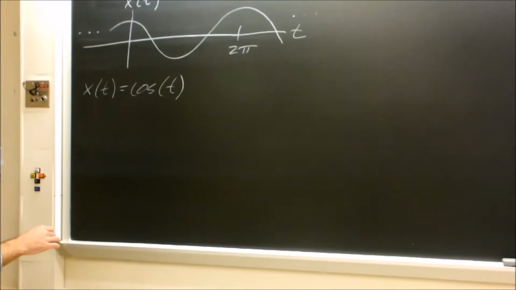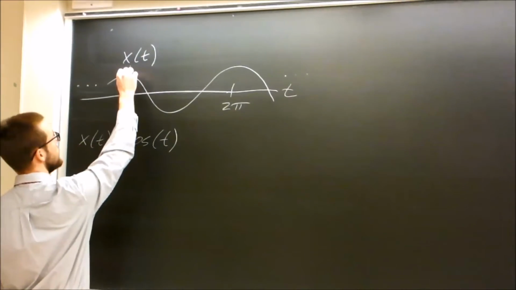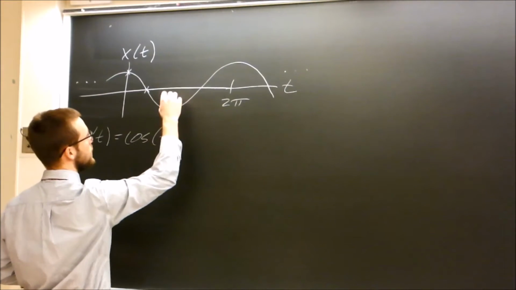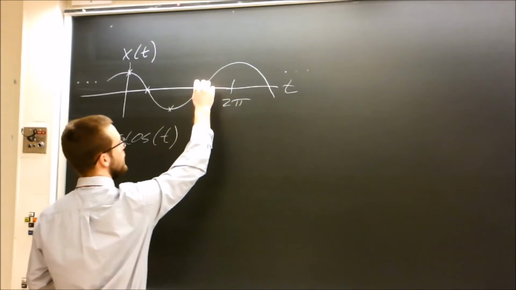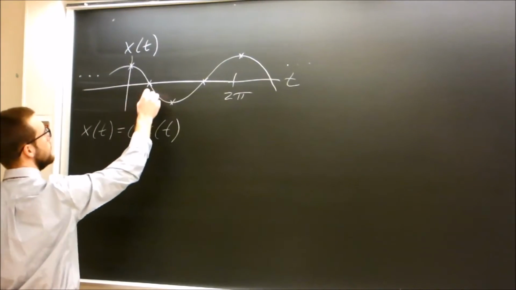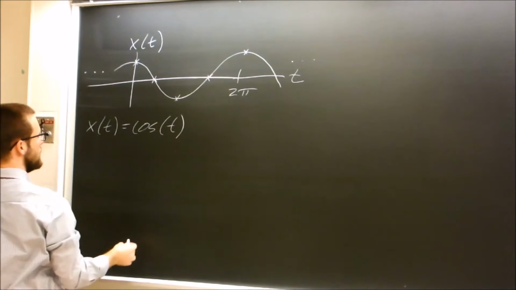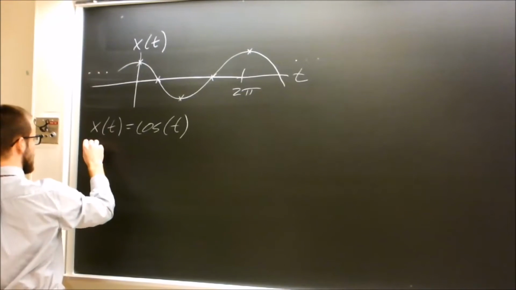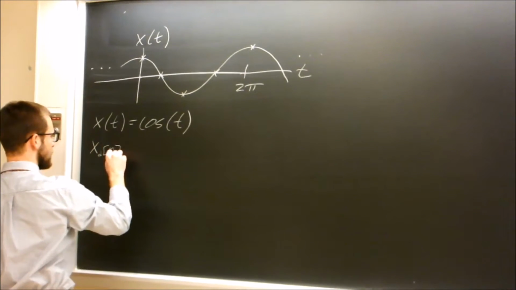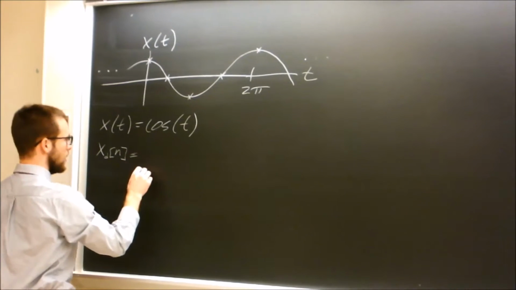When we sample it, we just grab specific values of that, so I'll mark them with an x. In this case, we're going to sample with a period of pi over 2. That means at x equals 0 and every integer multiple of pi over 2, we grab a sample. We're going to call that signal xd of n. The square brackets in the n indicate this is a discrete time signal.